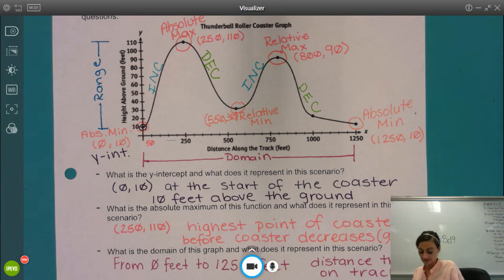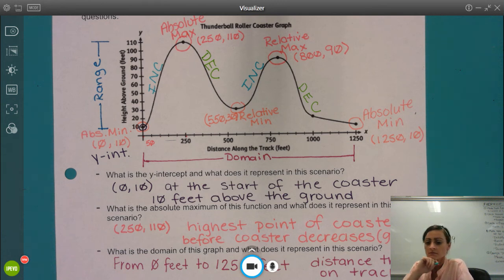All right, last but not least, we're going to start learning how to write an increasing interval. We are going to write this in words today, and then tomorrow we are going to start learning how to write this with inequality symbols.